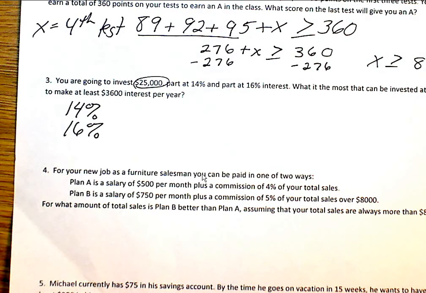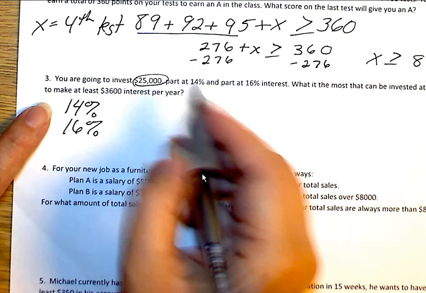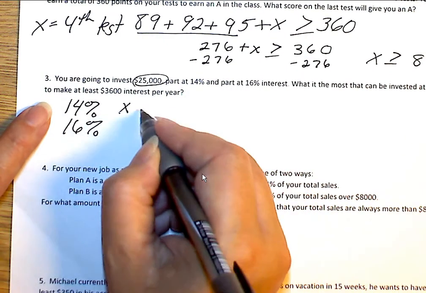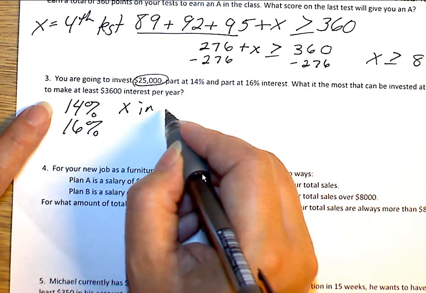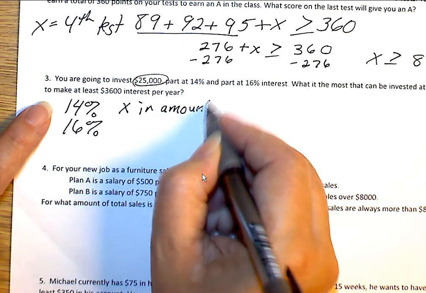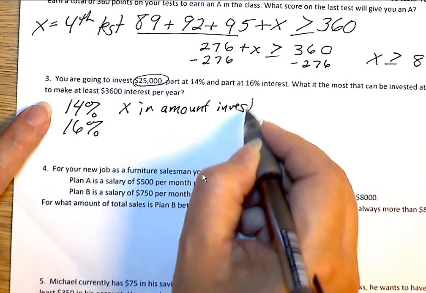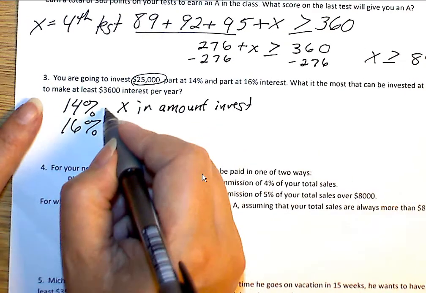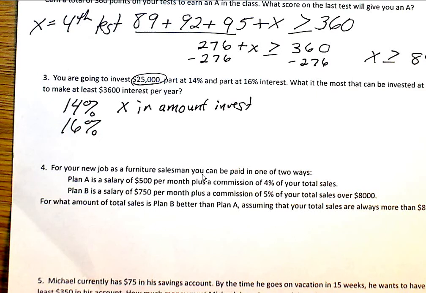All right, so the first thing we have to determine is what we want to invest. So if I invest X in the 14%, how much total am I investing altogether? 25,000.